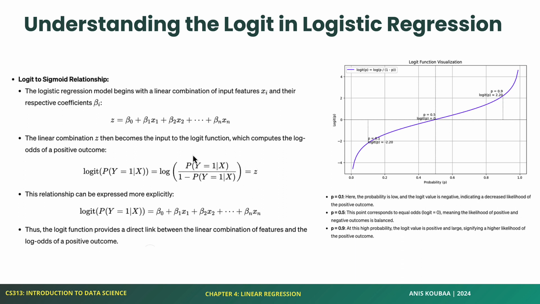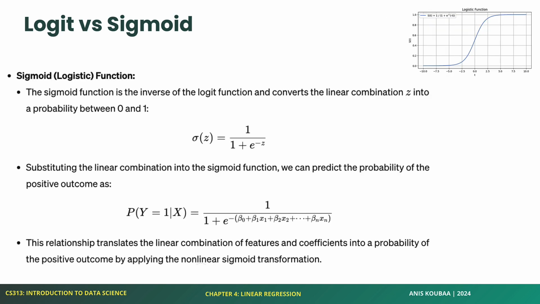These are two definitions, but they are reversible. I will send you a proof today about how to go from the logit to the other one. I had a slide here, but it seems I skipped adding it. So here, the probability of y equal to 1 given x is just the application of the sigmoid to the logit function.